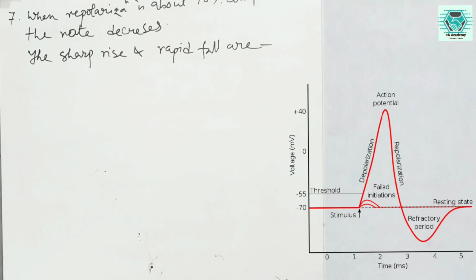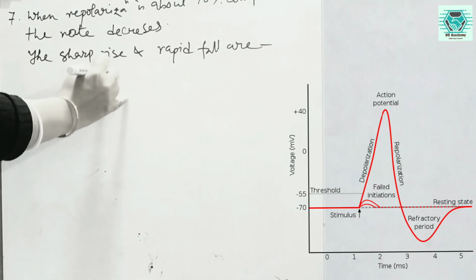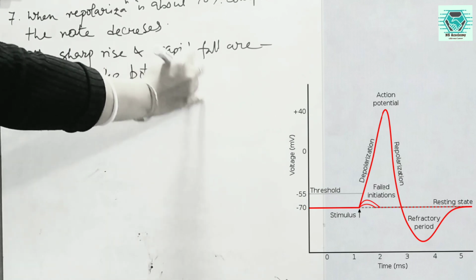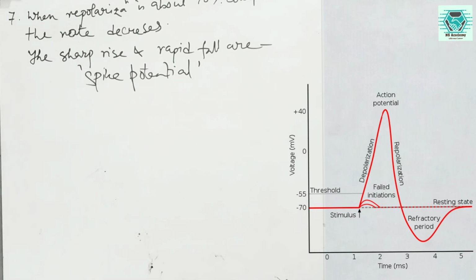So the sharp rise and the rapid fall is actually called spike potential. And the slower fall at the end of the process is the after depolarization. In the graph curve I have already shown you.